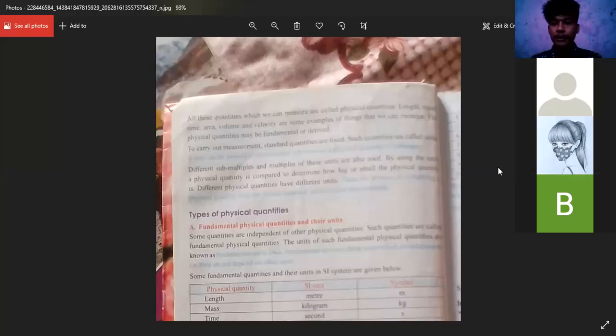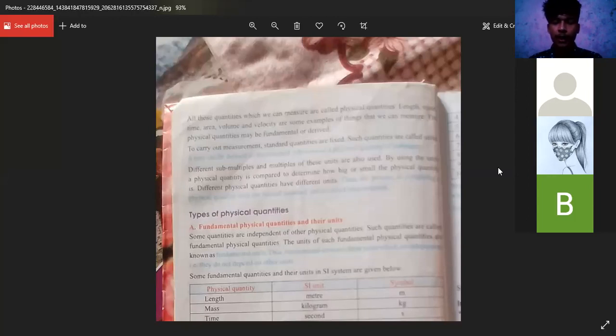Those quantities which cannot be measured are called non-physical quantities. If you want to write down, you can write down in a copy. You haven't been given that in the book.